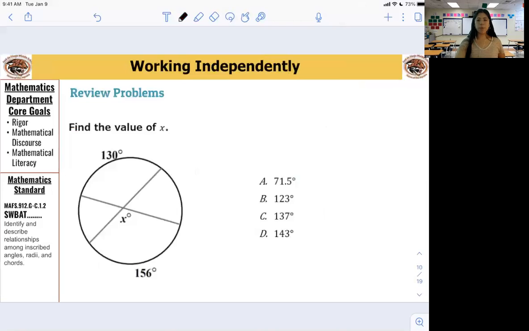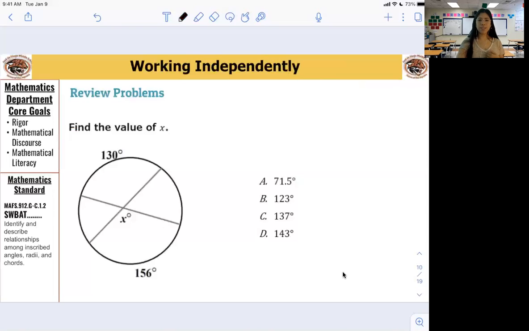Okay, I'll give you a full minute because I'm only seeing two responses so far. 30 seconds remaining. All right, if you're not sure, just guess. 10, 9, 8, 7, 6, 5, 4, 3, 2, 1.